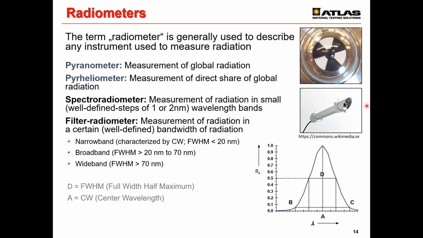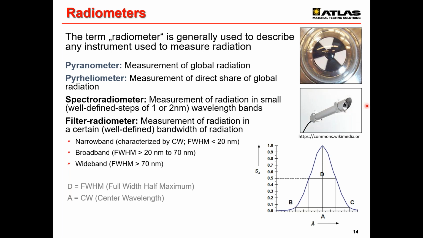Filter radiometers are relatively similar to pyranometers. So you have a photosensitive element, but covered with a bandpass filter, which is only transparent within a specific band of wavelengths. And that's what we commonly use in weathering, outdoor weathering and artificial weathering, because these are relatively simple instruments, but you can look in a relatively controlled way at a specific wavelength range.